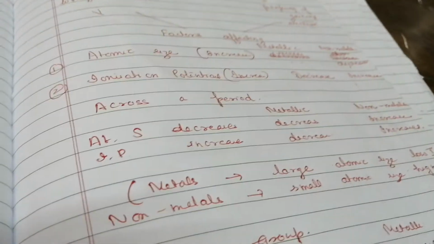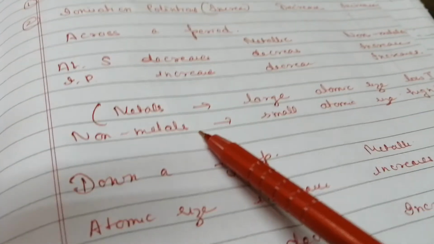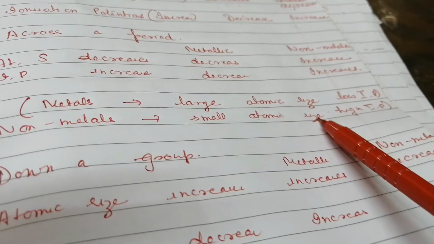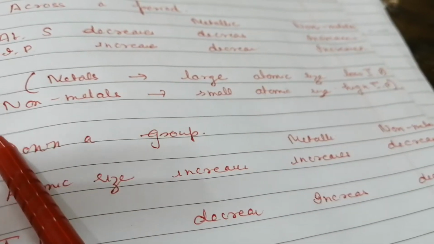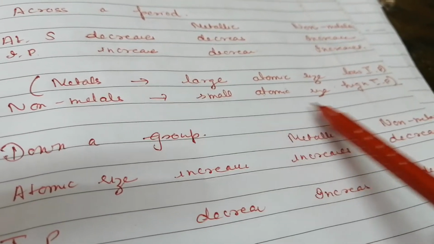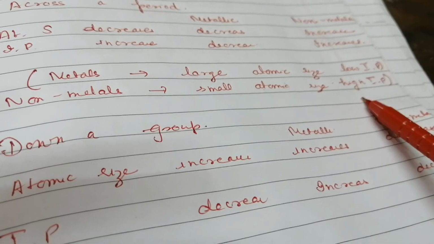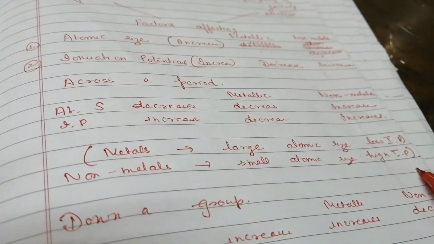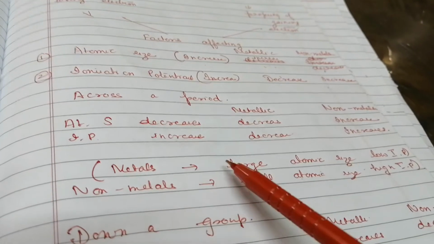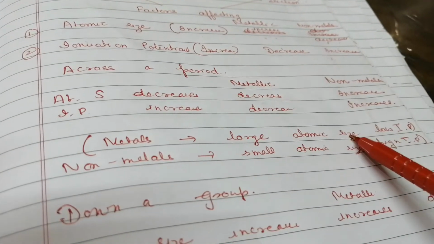And what we can conclude from here is that metals have large atomic size and low ionization potential, while non-metals have small atomic size and high ionization potential. Now you remember, across a period, the metallic character decreases.